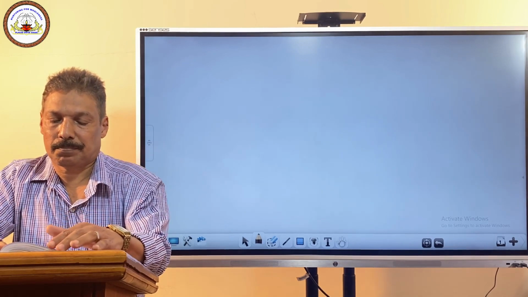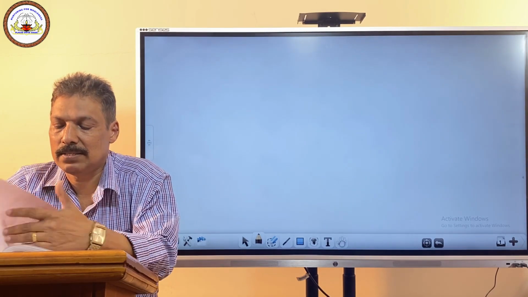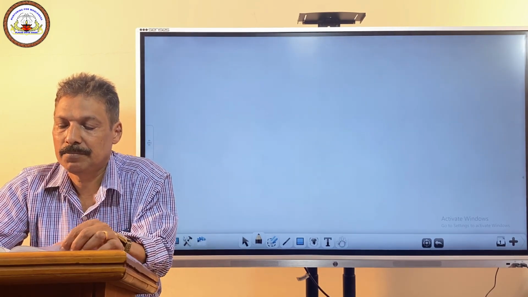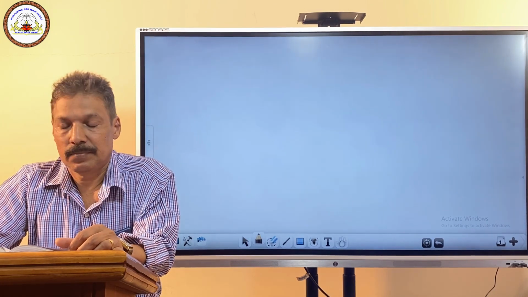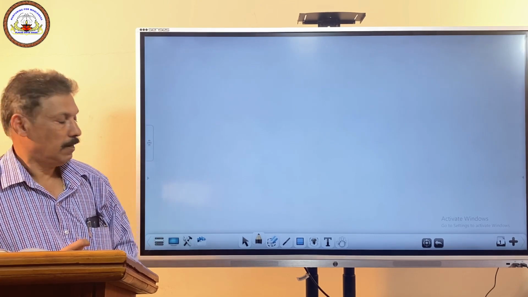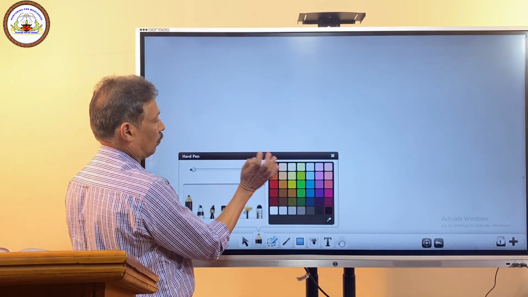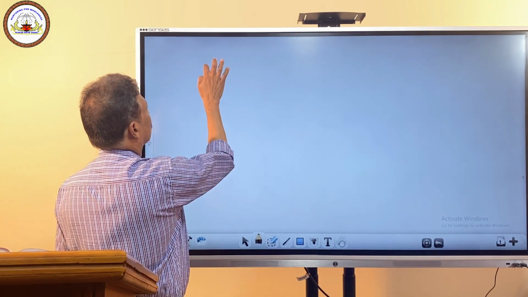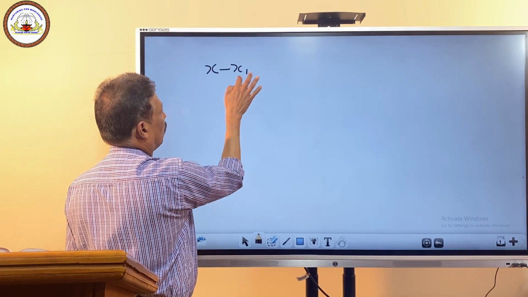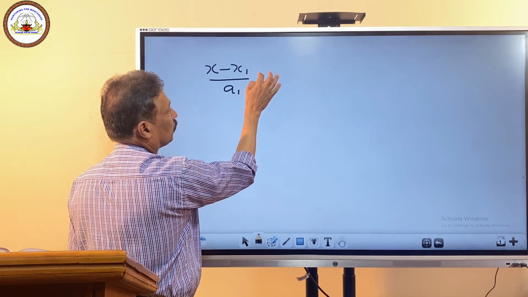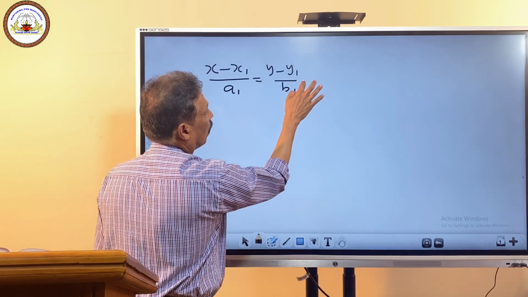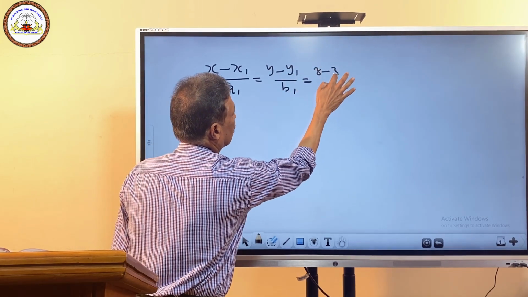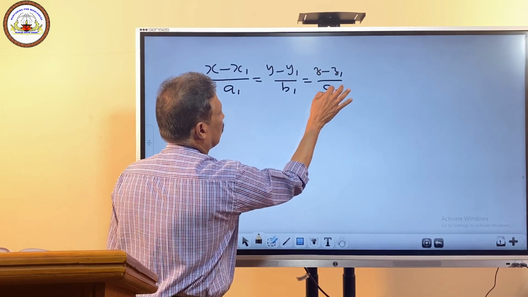Next, we have to find the shortest distance between two skew lines. They are in Cartesian form. Therefore, first of all, we consider the lines x minus x1 by a1 equal to y minus y1 by b1 equal to z minus z1 by c1.